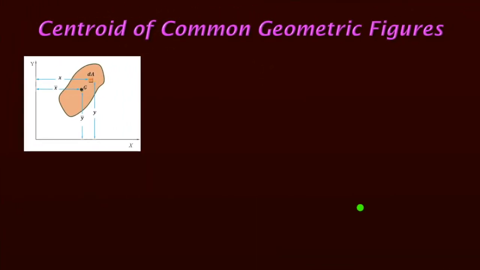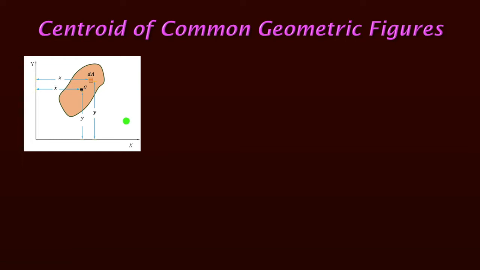Now, to find the area moment of inertia, it is necessary to know the position of the centroid of some common geometric figures. Though it does not belong in that syllabus, to some extent I am going to discuss it.